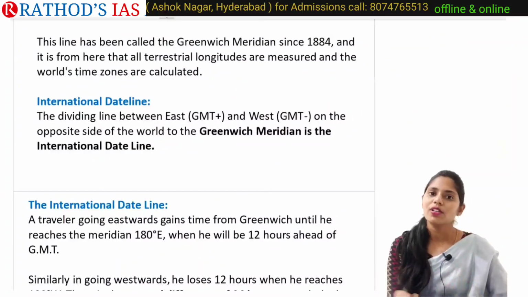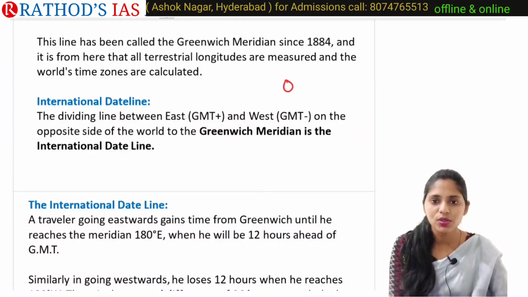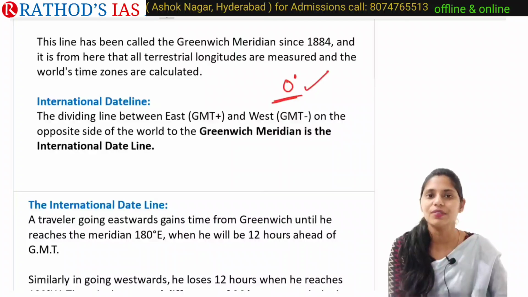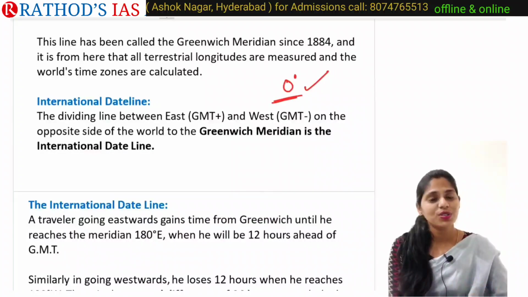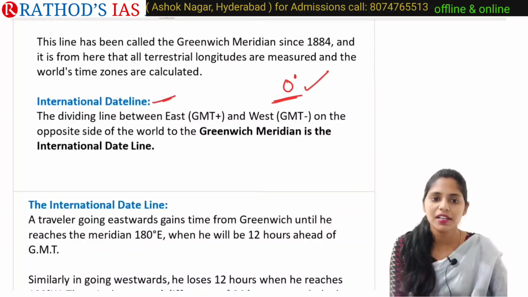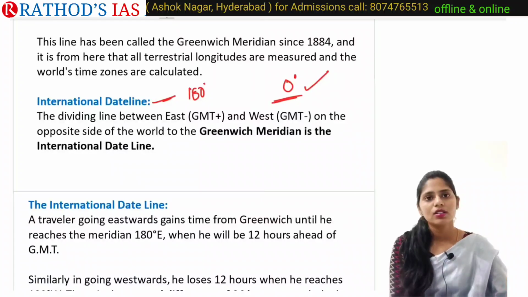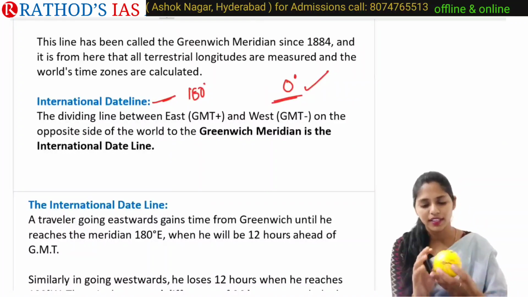Now let us talk about the international dateline. Till now we studied the 0 degrees longitude, our Greenwich longitude. Now we need to study the international dateline, which is nothing but our 180 degrees longitude. Let us take help of my ball again.